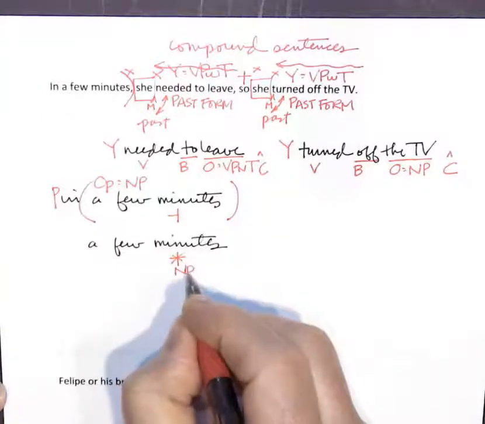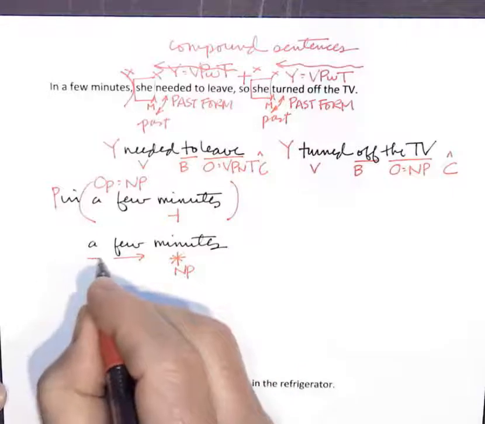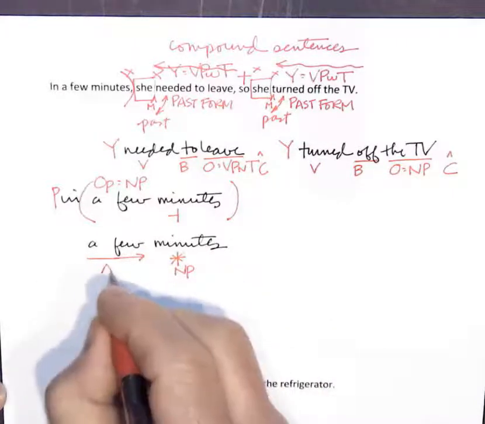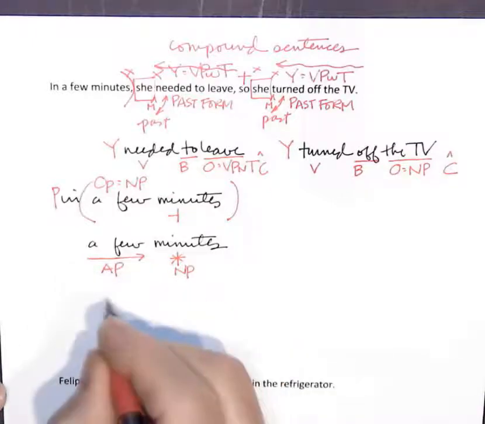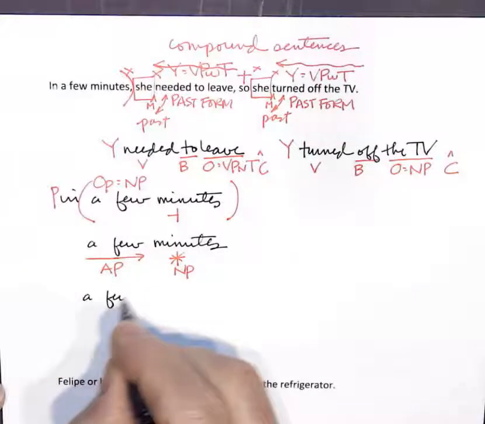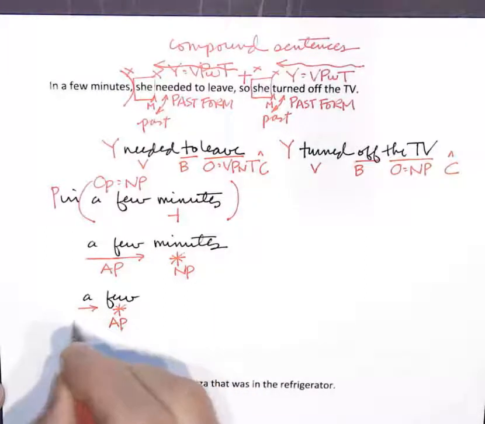It's a noun phrase. Few, actually a few works together. This is a little unusual. This is an adjective phrase. And then we can say that a and few we need to rewrite. Now few is an adjective phrase and a is a modifier.